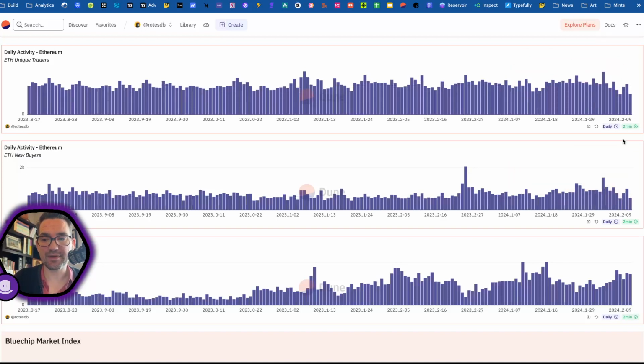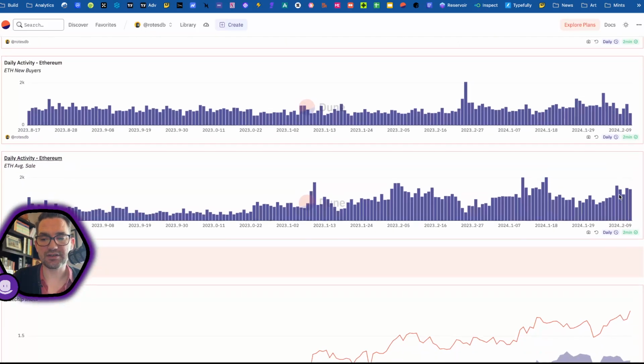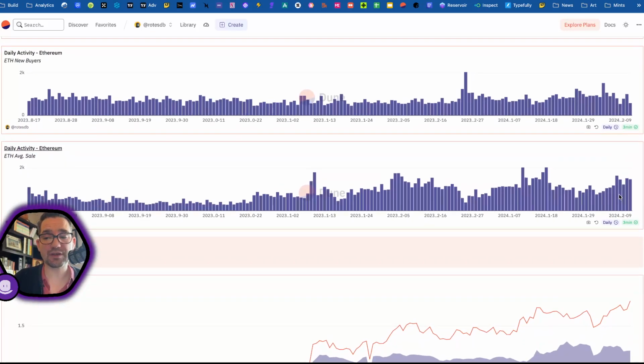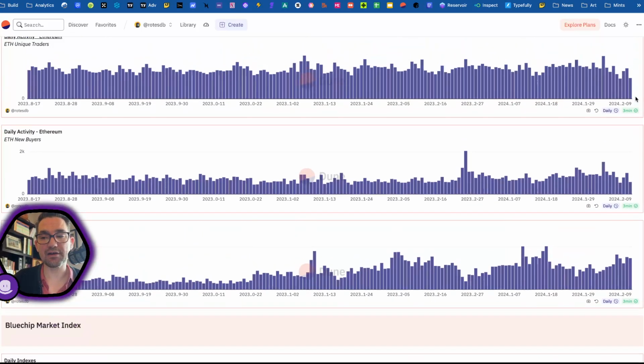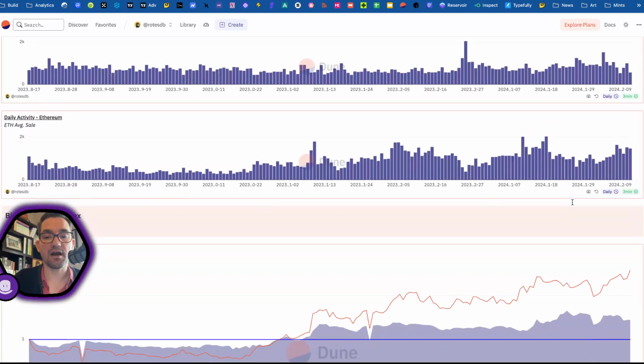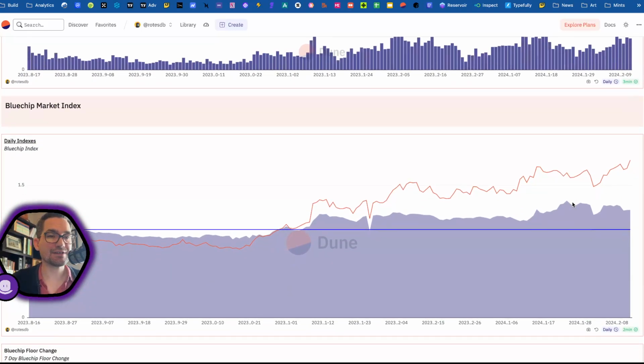And I think that might be part and parcel why we see some lower days here in terms of unique traders, etc., just due to some of that relative strength in crypto. But something to watch because they are down overall for new buyers, unique traders, etc., which I think are important metrics in terms of seeing activity turn into the NFT market.